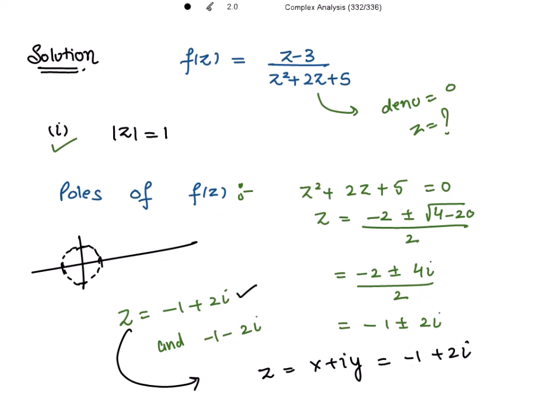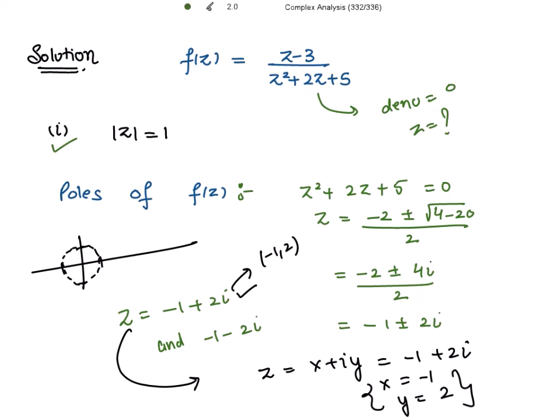We have taken this point first. What is the real part? It is minus 1 and the imaginary part is 2, right? That is, we are having the point minus 1, 2.